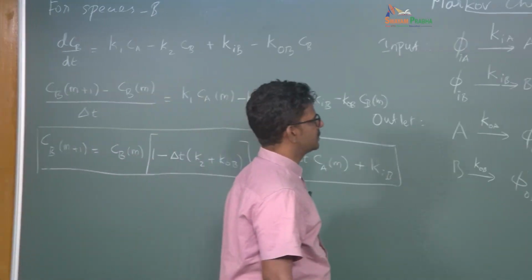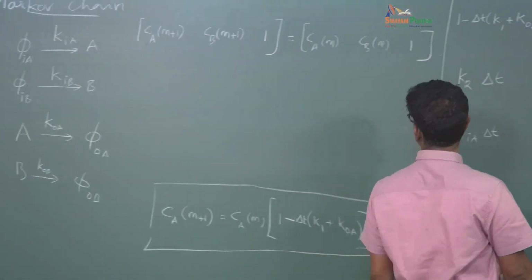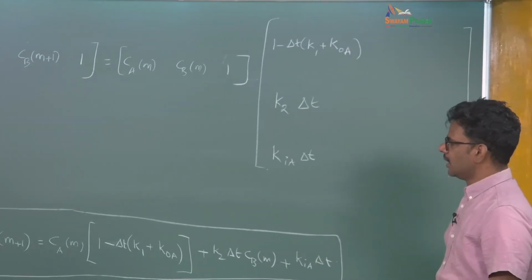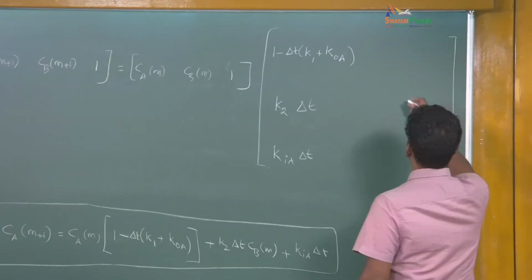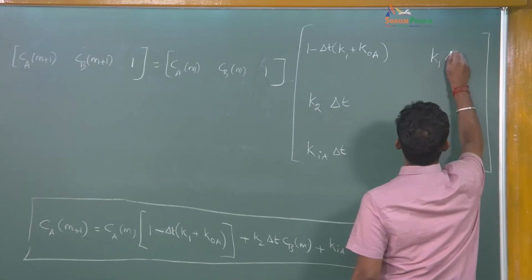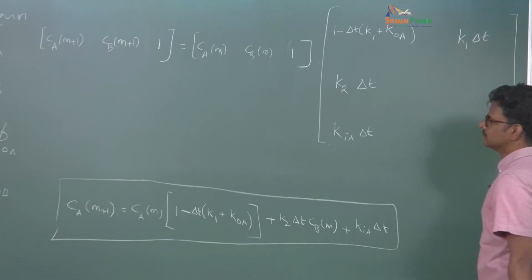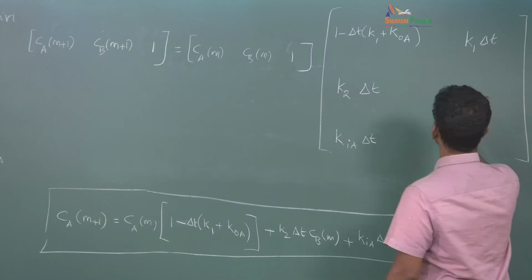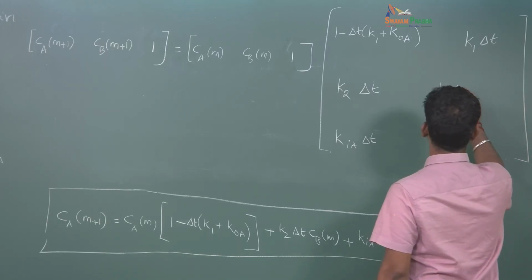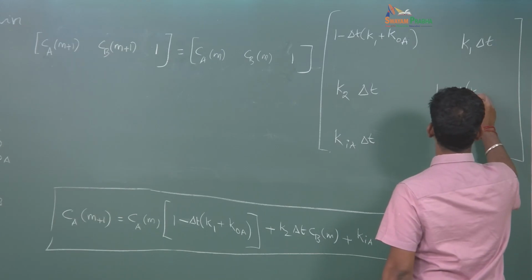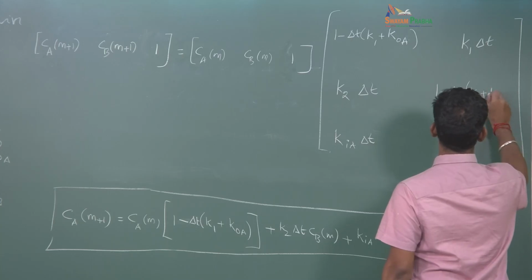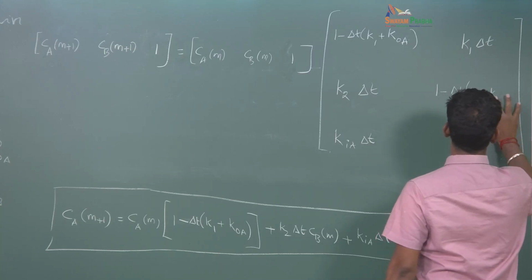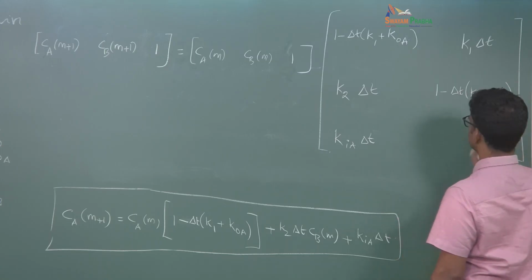And for this you would have K1 delta T, then one minus delta T times (K2 plus KOB), right?